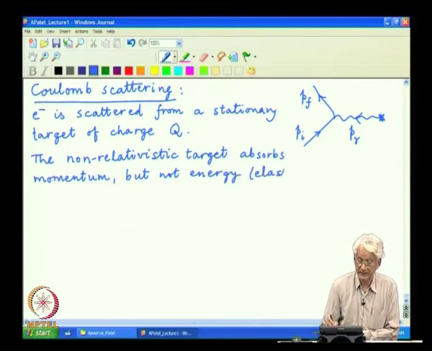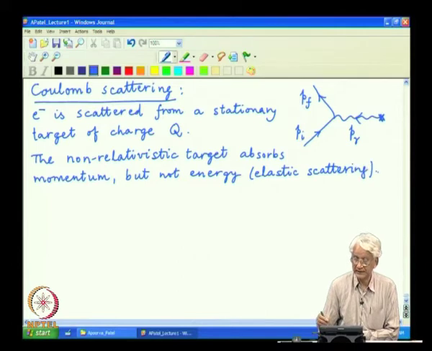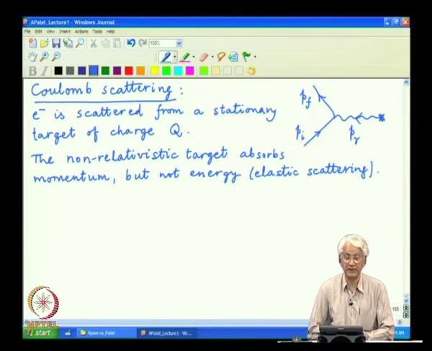So, the scattering is elastic. We will see this feature emerging out of our rules automatically.